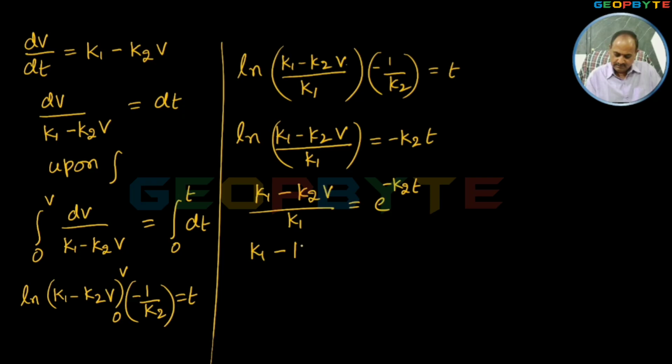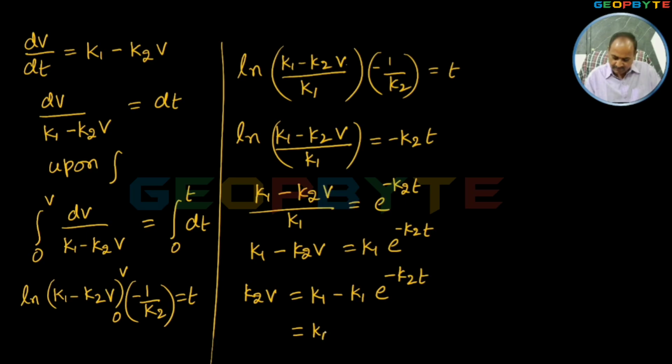k1 minus k2 v equal to k1 e power minus k2 t, or k2 into v equal to k1 minus k1 e power minus k2 into t. Let me write the k1 outside: 1 minus e power minus k2 into t.